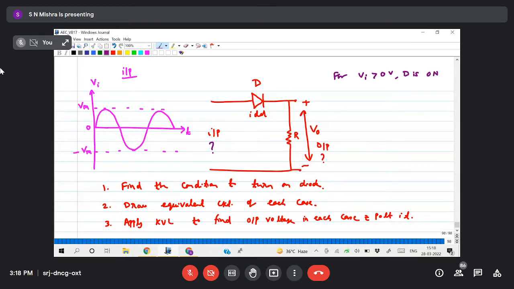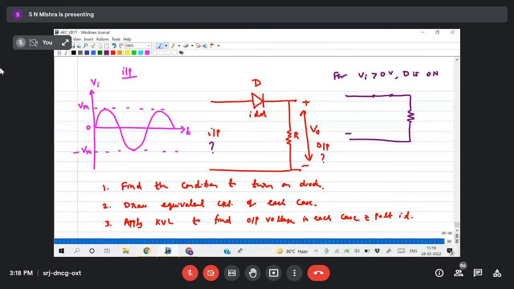This is the simple half wave rectifier circuit. I am explaining this one without naming it because this is the simple one, and we will modify the circuit to make it more and more complex once you understand this one. Now in that case, if I want to draw the equivalent circuit, the diode will be short circuit, then the resistor.